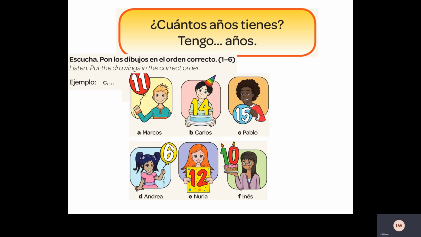2. ¿Cuántos años tienes? Tengo 10 años. 3. ¿Cuántos años tienes? Tengo 11 años. 4. ¿Cuántos años tienes?